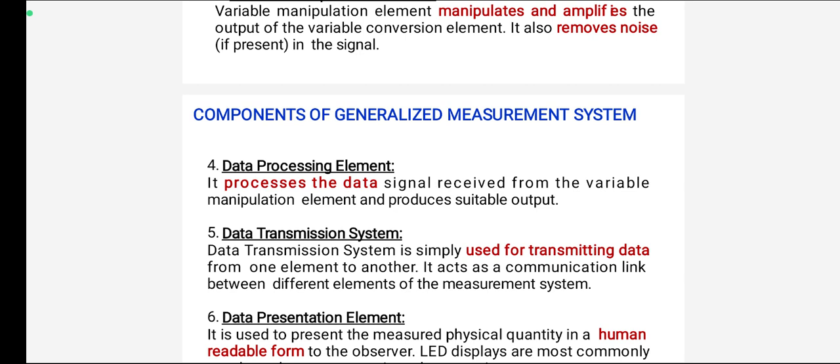Next one, data transmission system. The data transmission system is simply used for transmitting data from one element to another element. It acts as a communication link between the different elements of the measuring system.